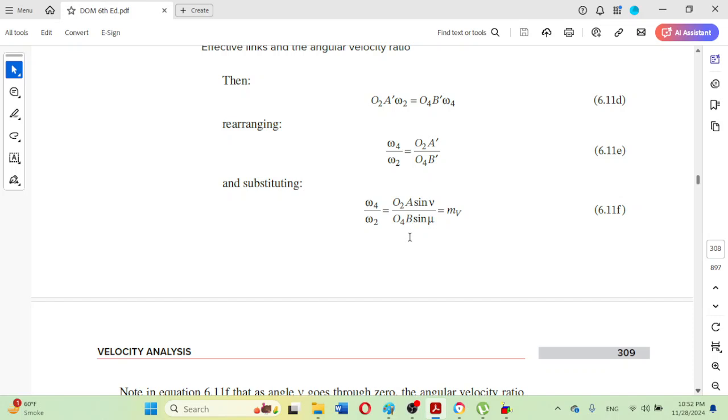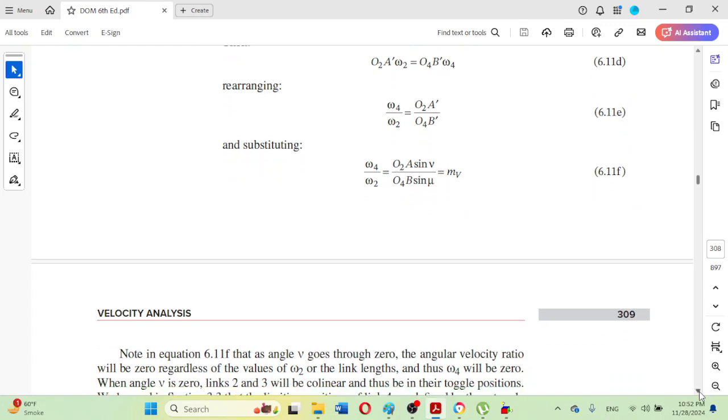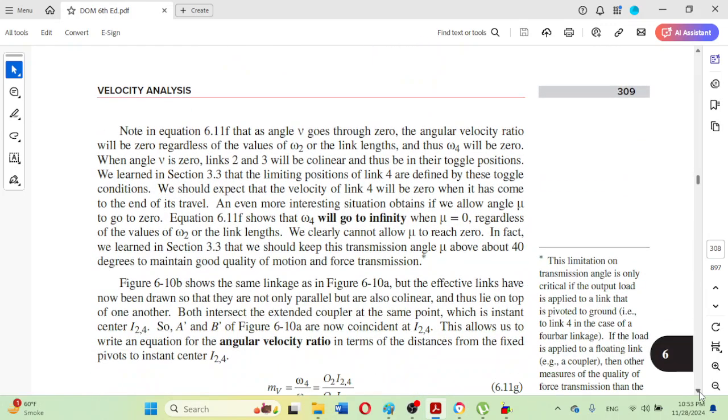So these ratios are reciprocal of the angular velocity ratios. So this is the third way of calculating the angular velocity ratio. In the exam any method can be asked for verification purposes.